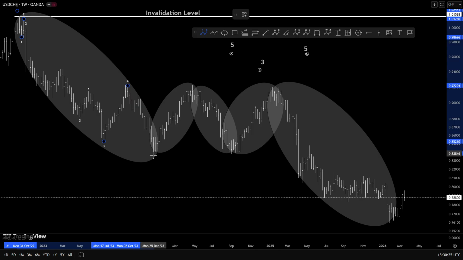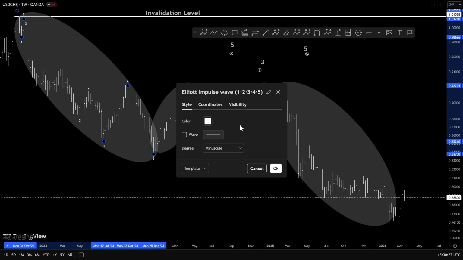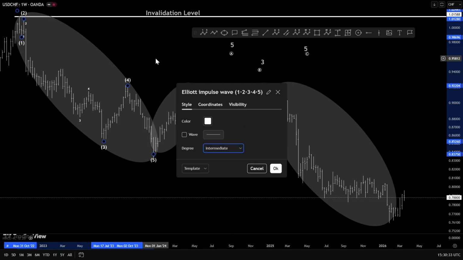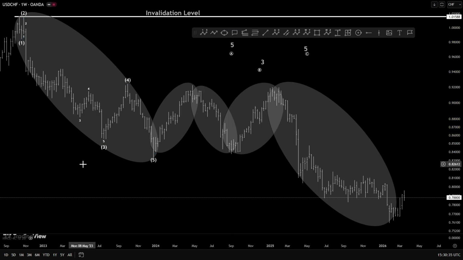Then we end it here with 5. Let's change it to now. It's not too big. So this is 1, 2, 3, 4, and 5. And automatically this gives us wave A completion.